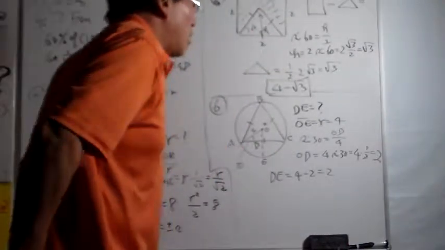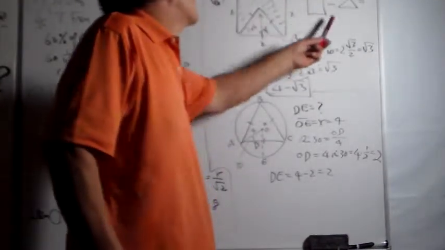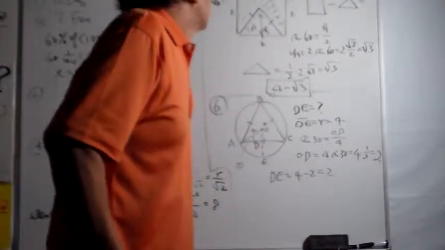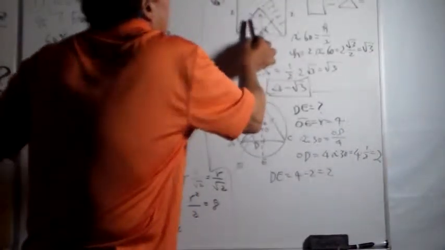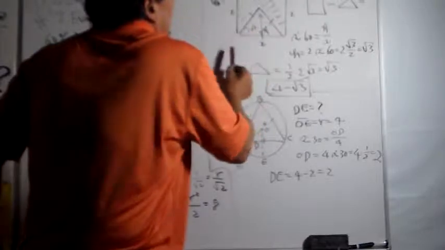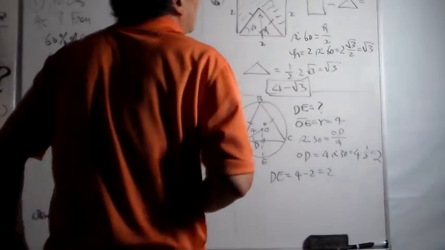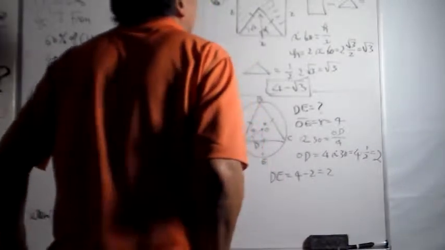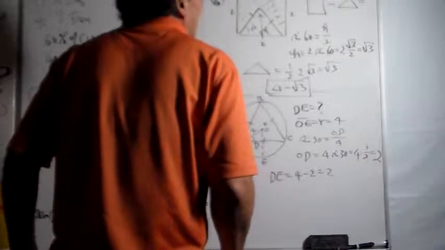Okay, our plan is whole area minus the triangle will be the shaded area, correct? Make sure this is equilateral, so this is 60 degrees, right? We know this length is 2. Oops, I made a mistake.